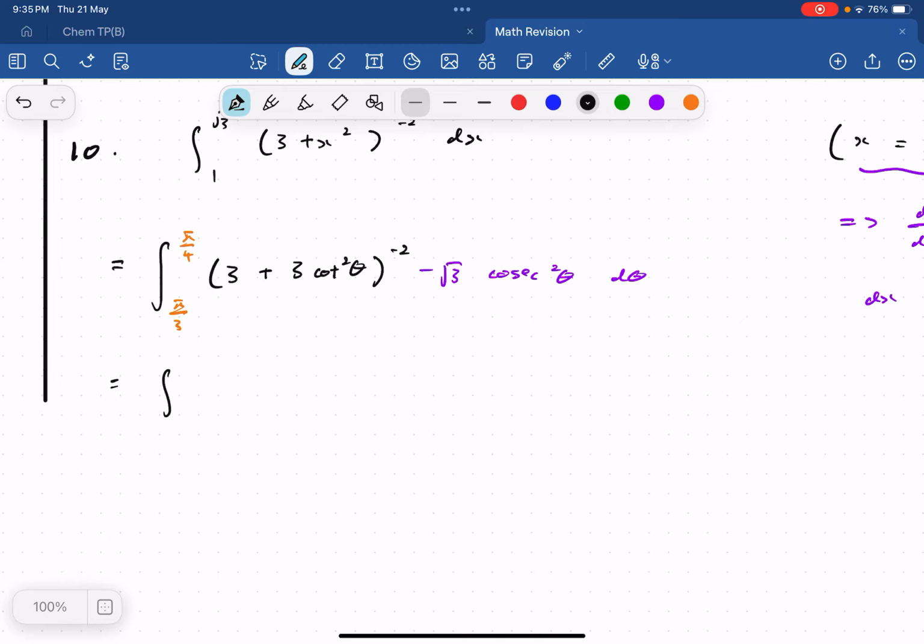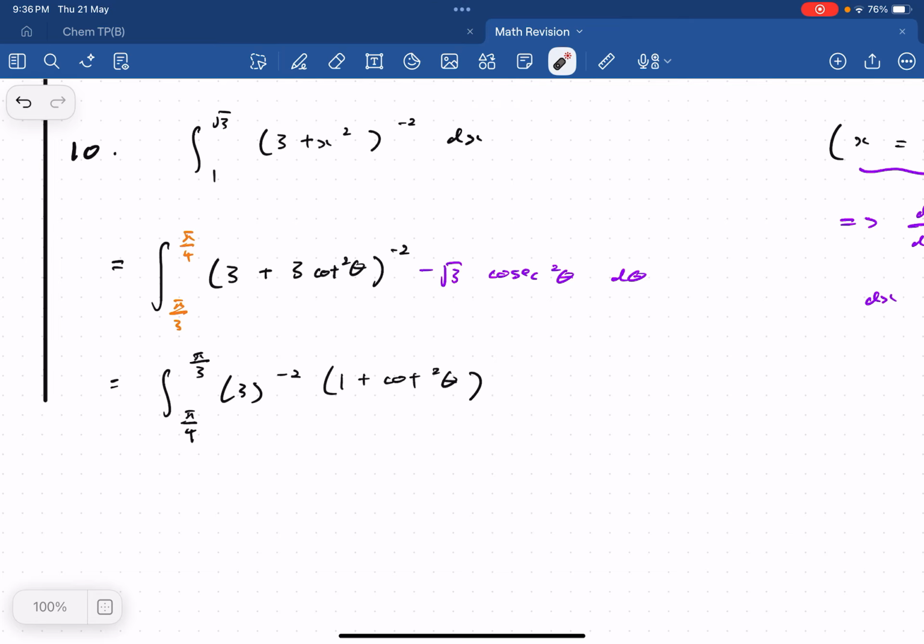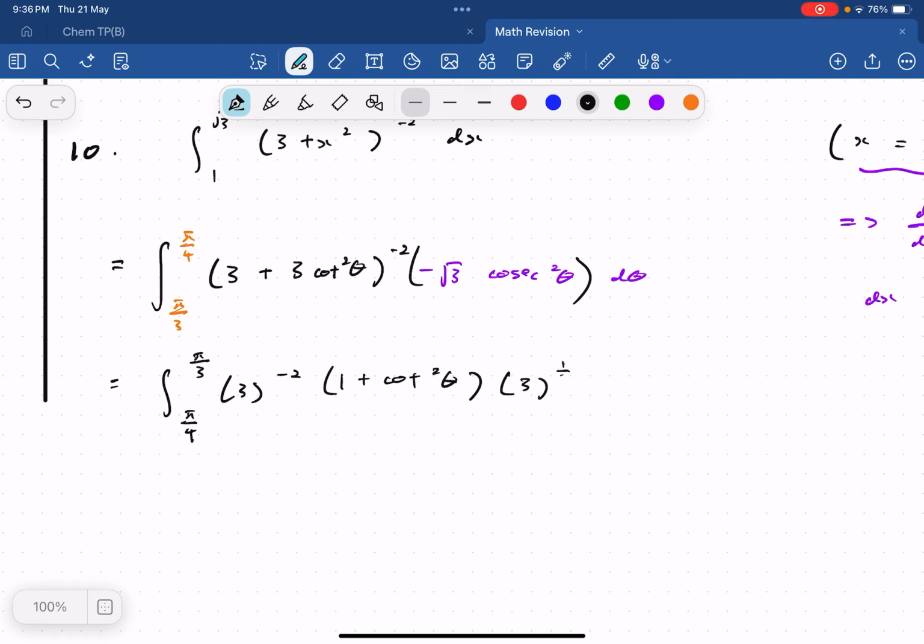So this is going to be 3 power minus 2. And then I'm going to express this as 1 plus cot squared theta. You will see in a moment why. And then this root 3 here, I can also get rid of this pesky constant. Let me put this in brackets for your clarity. This is going to be half cosec squared theta d theta.